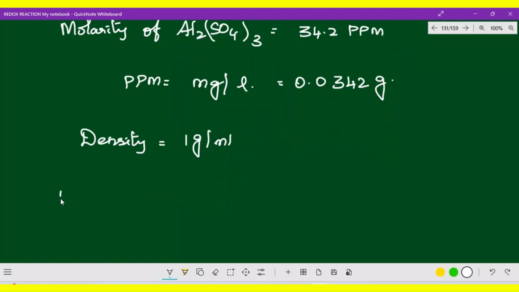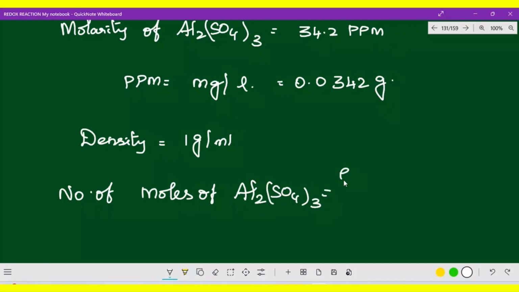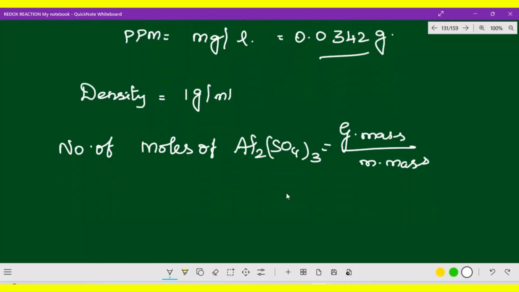So the number of moles of aluminum sulfate, Al2(SO4)3, equals given mass by molar mass. This is only the given mass, since we just converted ppm into grams. Now the molar mass of Al2(SO4)3, when you calculate, you will get 342.14 gram per mole.